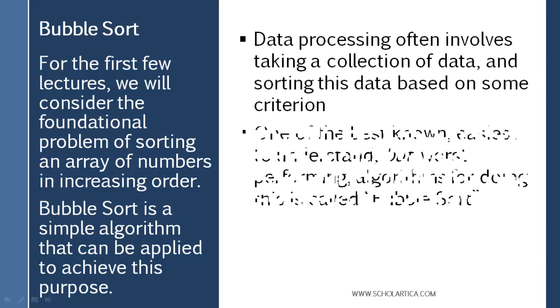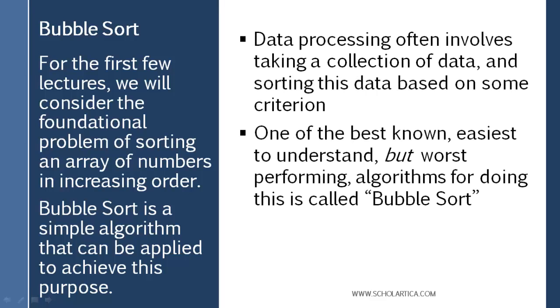It's basically among the easiest to understand, and of the various standard ways of sorting, it is actually the worst performing algorithm. It does slightly worse than two others that we're going to look at immediately after bubble sort, and as the list gets long, it does much worse than algorithms we're going to look at later.